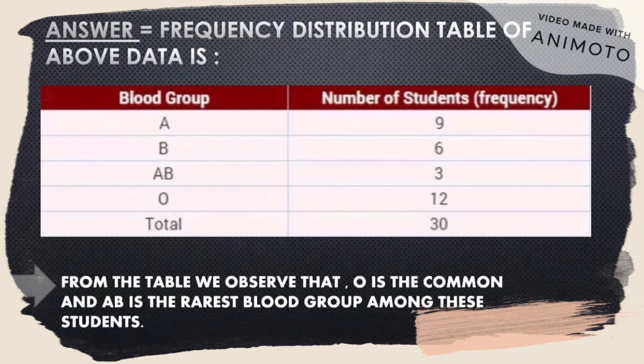The total number of students is 30. Which is the most common? O is occurring 12 times, so O is the blood group with the maximum frequency, and the rarest blood group is AB as it is occurring 3 times.